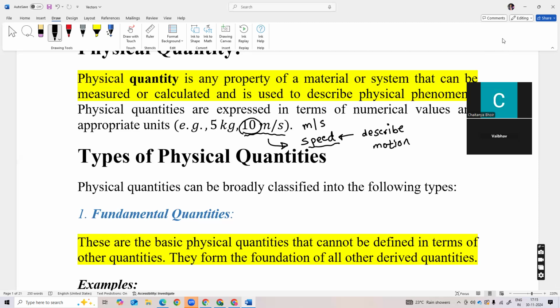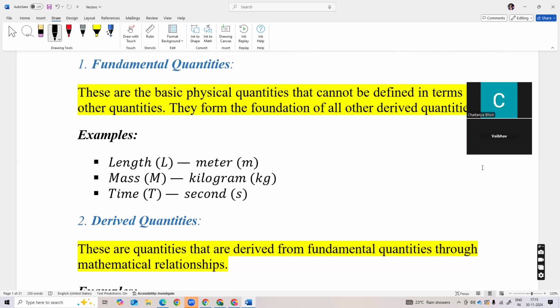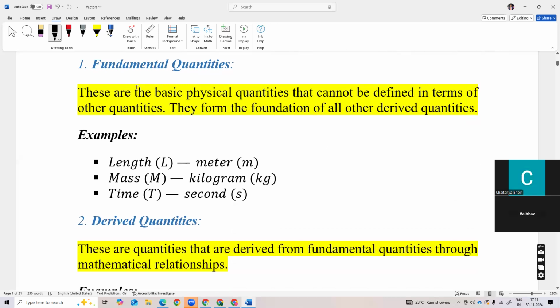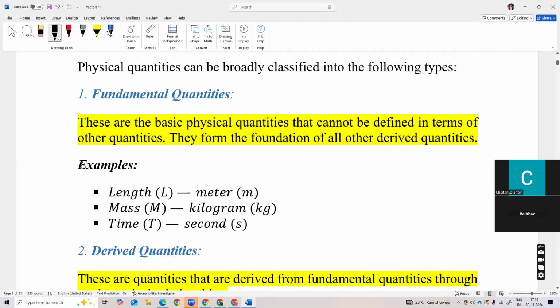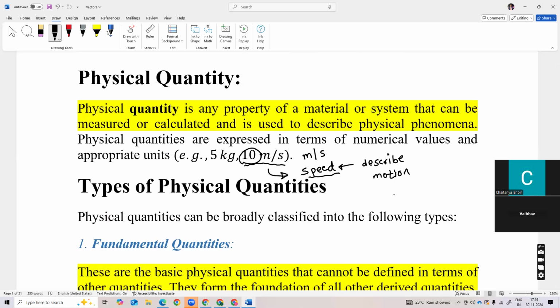So let's see the types of physical quantities. First we have fundamental quantities. These are the basic physical quantities that cannot be defined in terms of other quantities, and they form the foundation of all other derived quantities. As you have seen, to represent speed we need the unit of length and the unit of time.